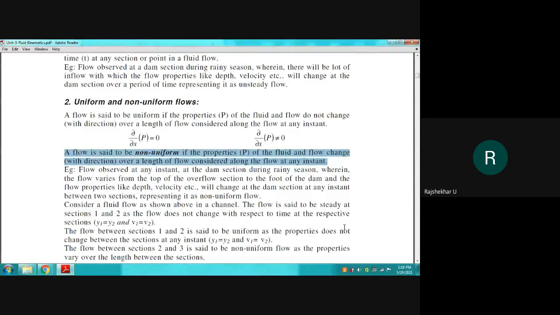It can be x, y, or z direction, and we are considering a particular length, say 1 meter, 10 meter, or anything. If the properties are not changing in that direction over a defined length, you can measure at any instant, any instant means any time, the properties should remain the same. But if the properties are changing, then that is non-uniform flow.